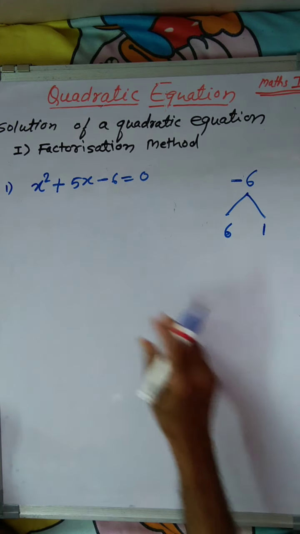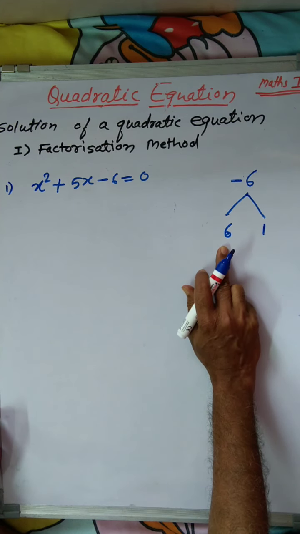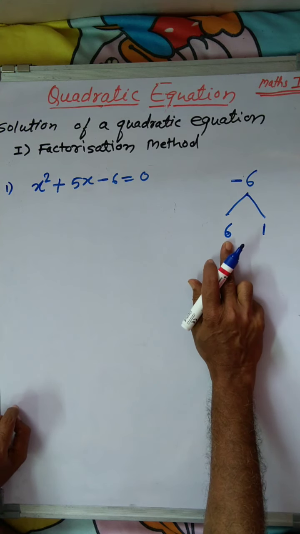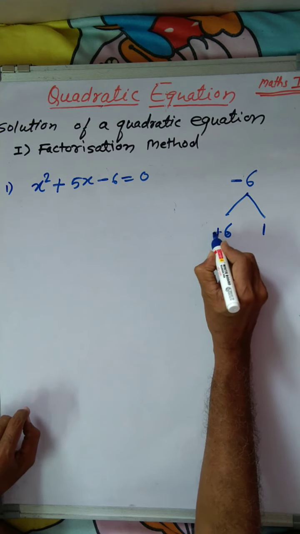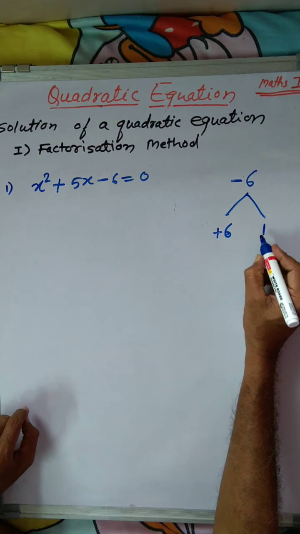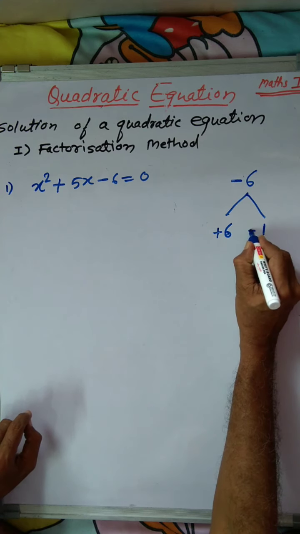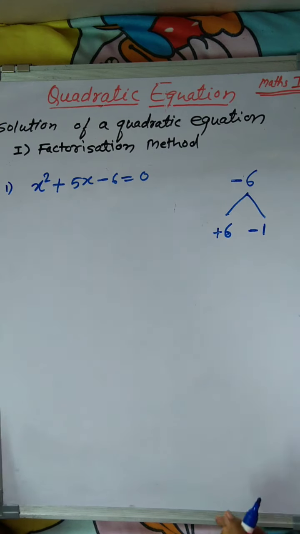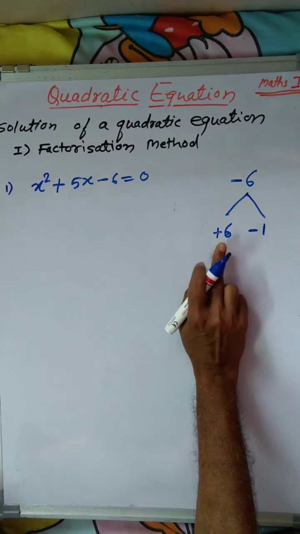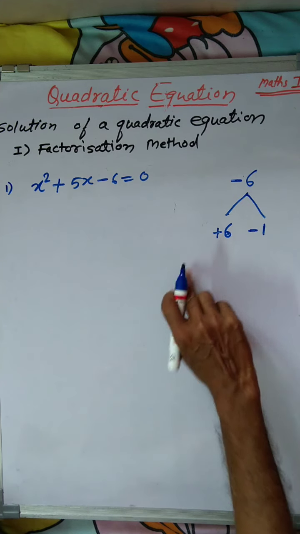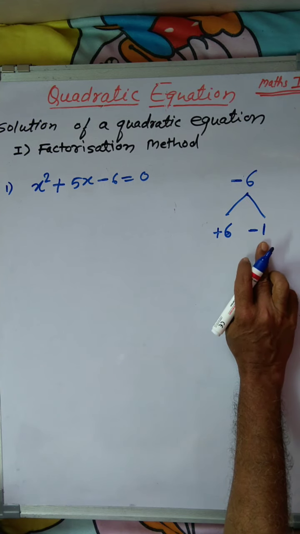Now we take the sign of the middle term to the greatest number. Here 6 is greater than 1. We take the positive sign to the greater number, that is plus 6, and the remaining negative sign to the smaller number, that is minus 1.